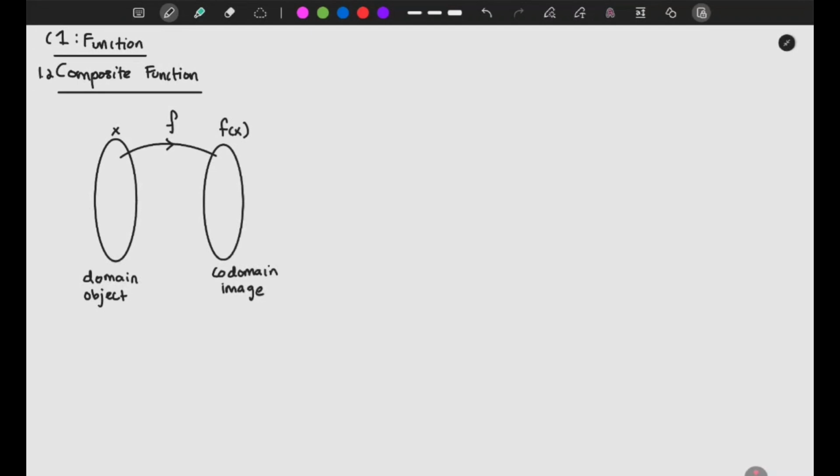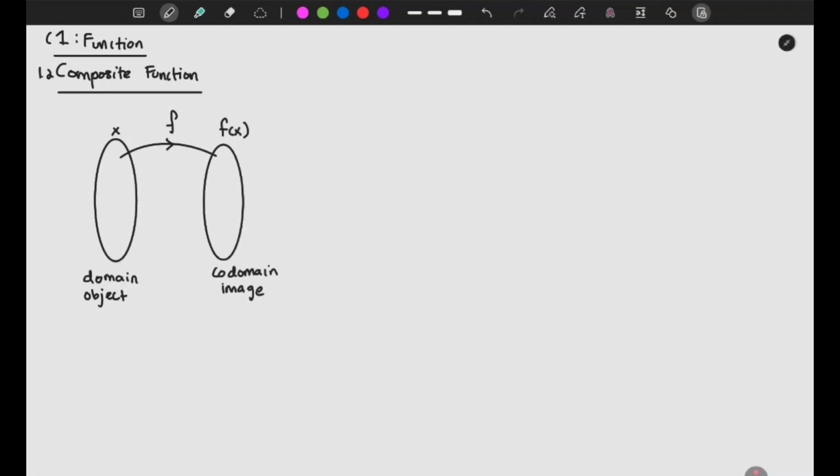So I usually use that like a bridge. It's like a bridge connecting the object and image, so that's an easy way to remember basically. So this is generally a function that we represent using an arrow diagram, isn't it?